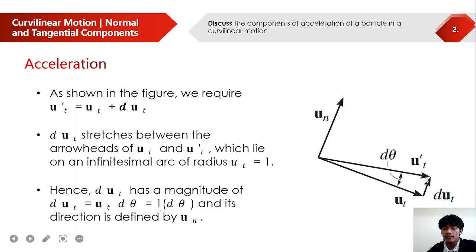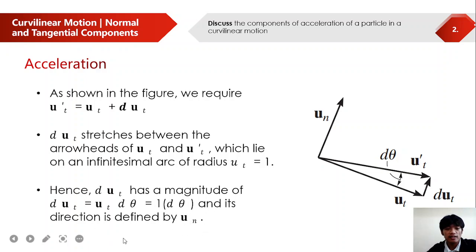So, to solve for the arc length, you just have to multiply the radius and the angle of that change. So therefore, to solve for this du sub t, you can multiply the u sub t times d theta. Diba? And then we said that u sub t is the infinitesimal arc of radius, which is equal to 1. Therefore, 1 times d theta na lang siya.